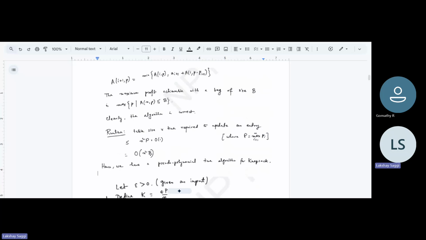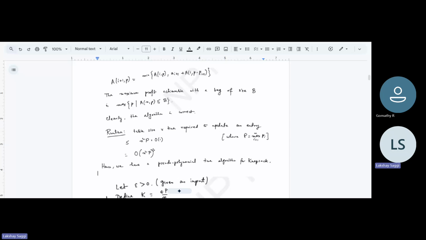And what is p? P is just the maximum price of any item. So note that if one item has a very large price or profit associated to it, and others have small profits, then this value is still going to be quite huge.